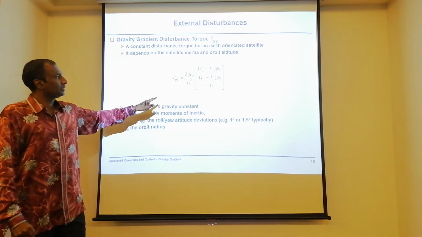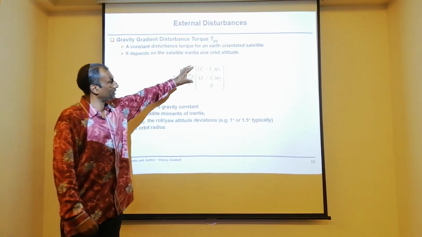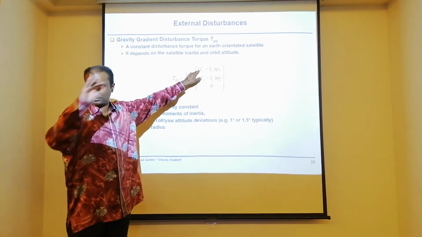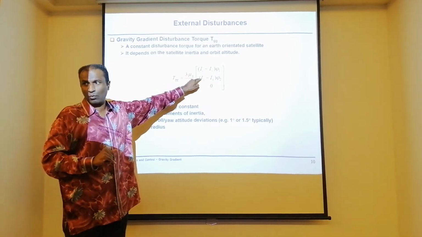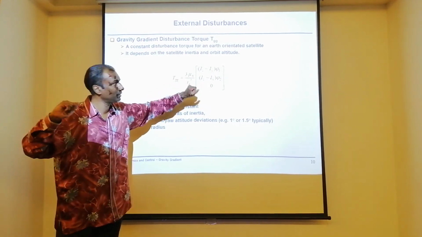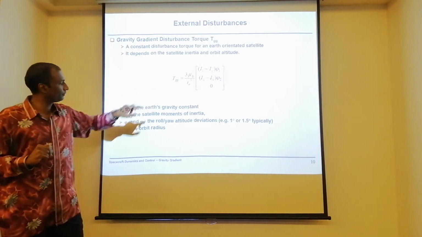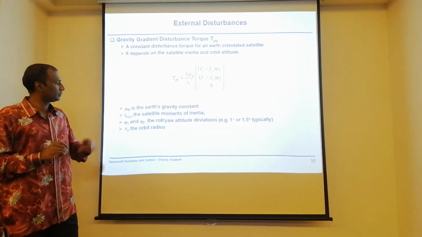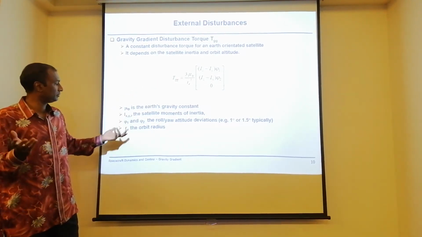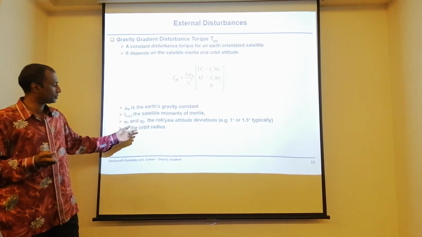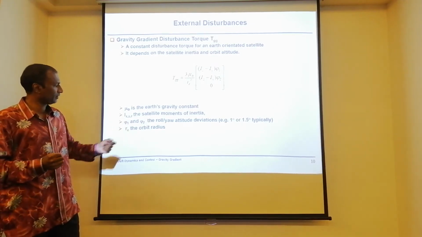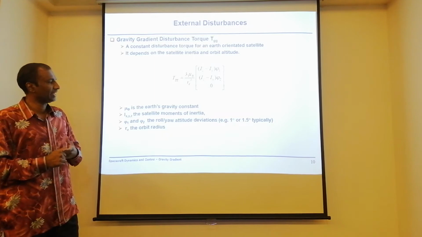So to quantify it, you have an x constant and a y constant disturbance, all in Newton meters. These are torques. Here, mu is the Earth gravitation constant, I is the satellite's moment of inertia. Then phi1, phi2 is the attitude deviation.